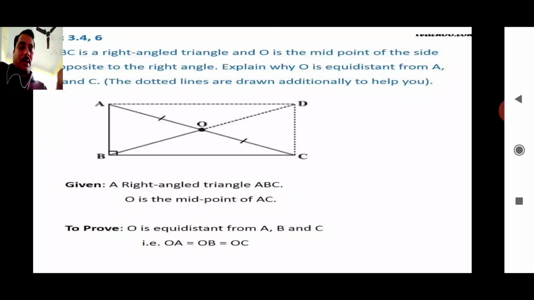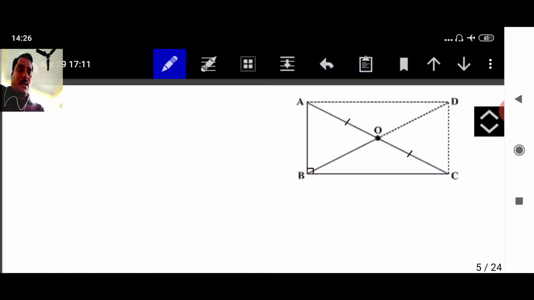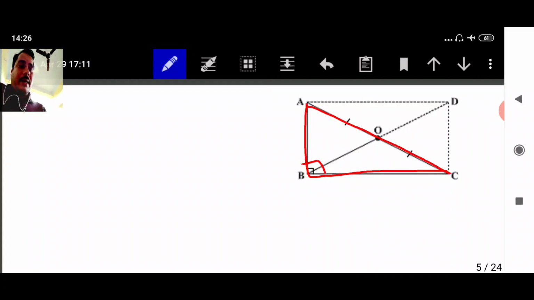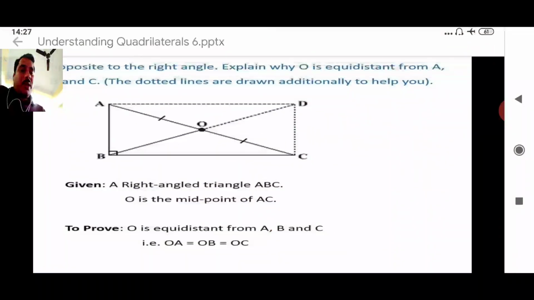Here is given a right angle triangle ABC. You can see here this triangle ABC is right-angled at B, and O is the point on the side opposite to the right angle, that is AC. Now O is the midpoint of AC.